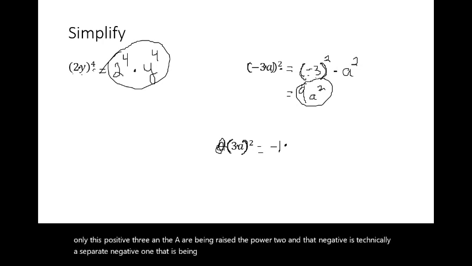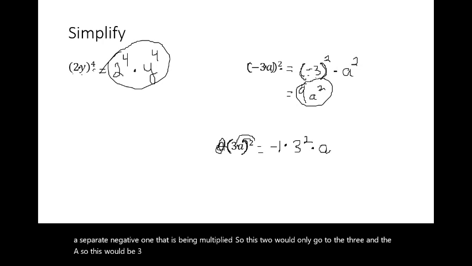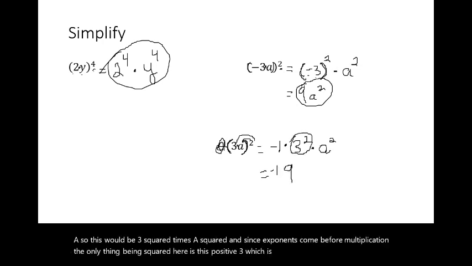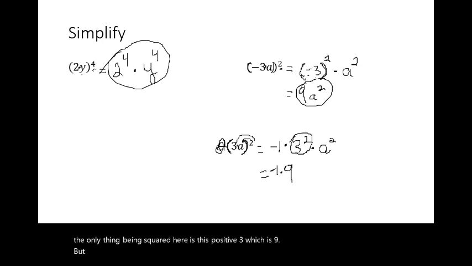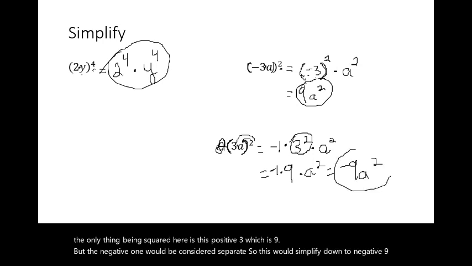So this 2 would only go to the 3 and the a. So this would be 3 squared times a squared. And since exponents come before multiplication, the only thing being squared here is this positive 3, which is 9, but the negative 1 would be considered separate, so this would simplify down to negative 9a to the power 2.